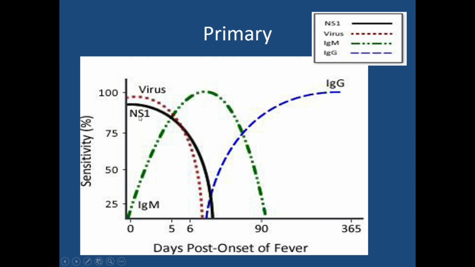This is the non-structural protein of the dengue virus. It will be found as soon as the infection takes place, but it will be there for approximately 1 to 1.5 weeks. Whereas the virus, if you do a molecular method, will be there for approximately 1 week.